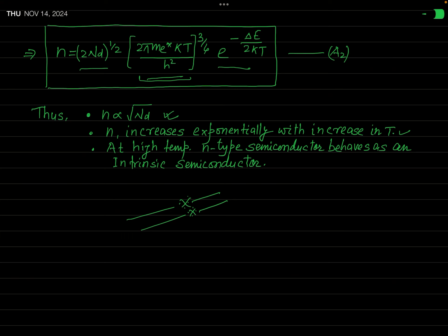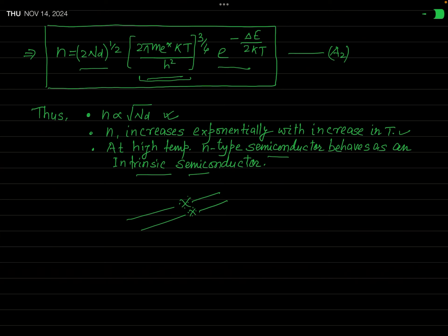And you have just learned that at very high temperature, this n-type semiconductor behaves as an intrinsic semiconductor because the Fermi level actually coincides with the intrinsic level of the semiconductor.